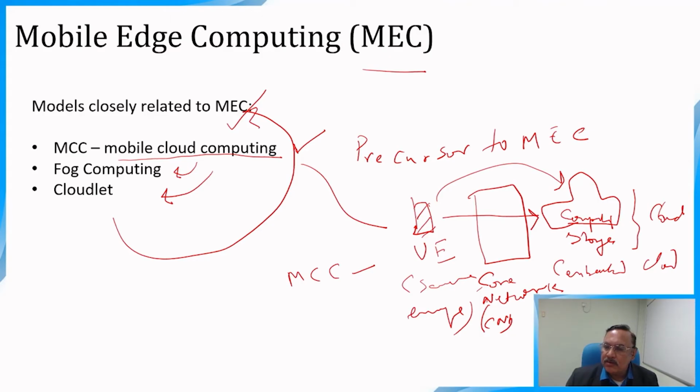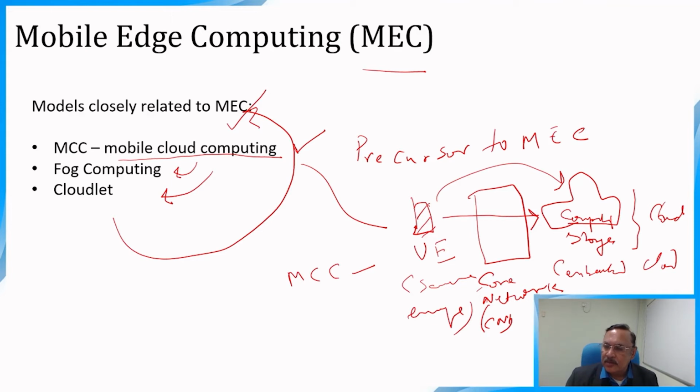So, therefore, there are some differences between mobile cloud computing and mobile edge computing. First of all, mobile cloud computing is a fully centralized approach with farms of computers usually placed at one or a few locations, whereas edge computing is supposed to be deployed in a fully distributed manner.